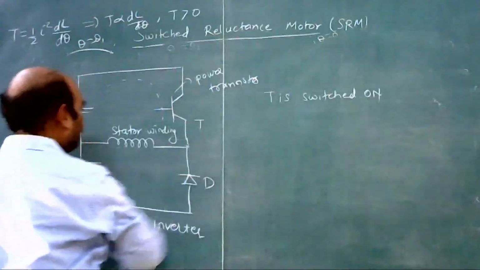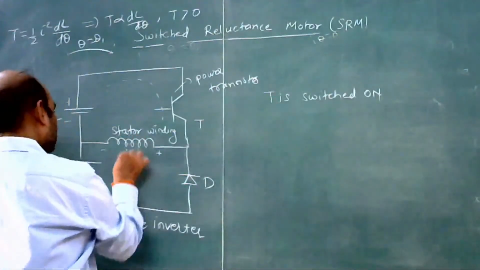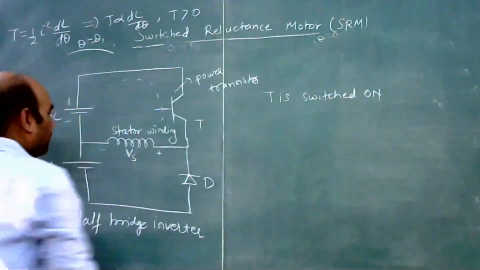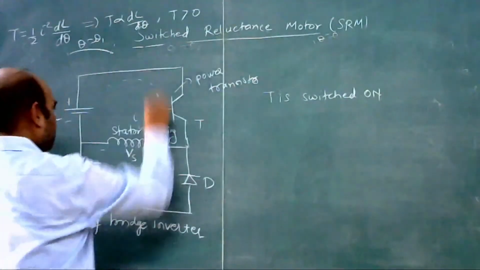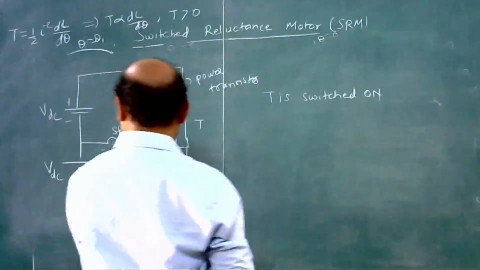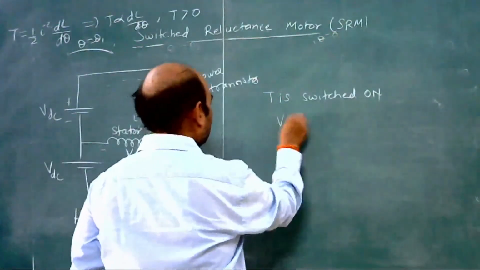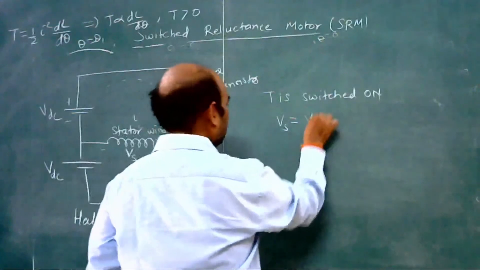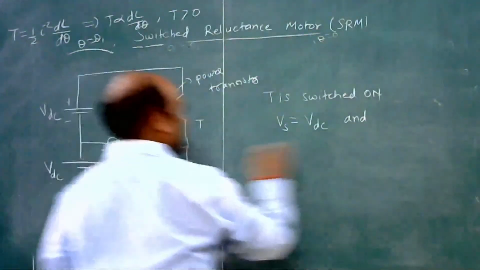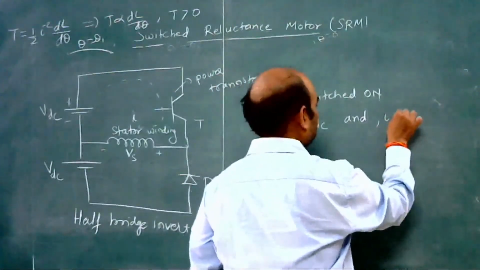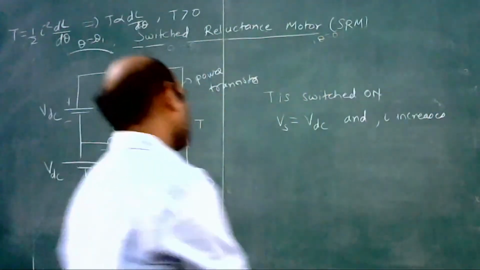This is on, and the voltage across the stator winding, Vs, will be equal to VDC, and current I will increase. Current will flow in this direction.